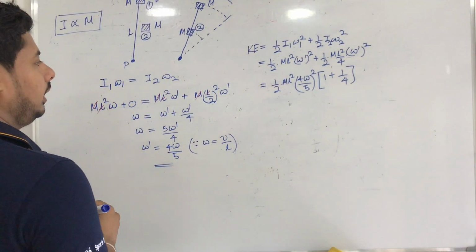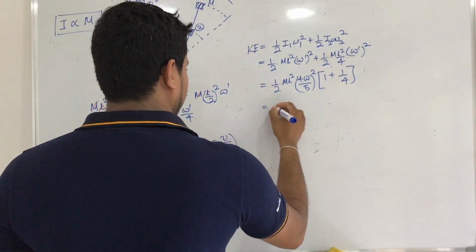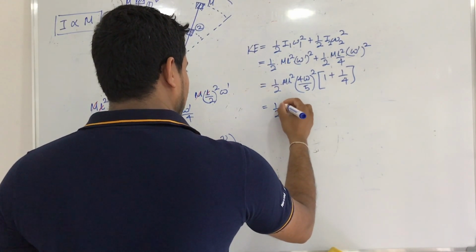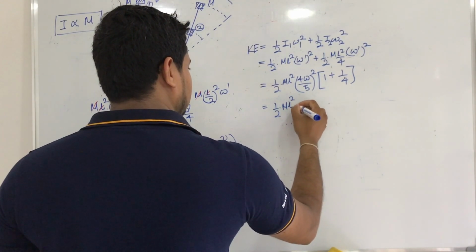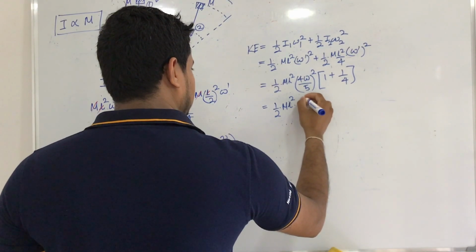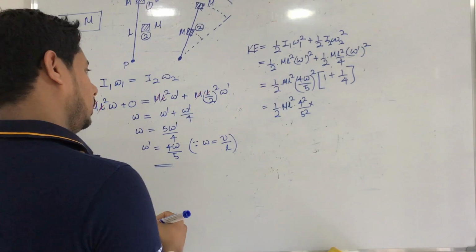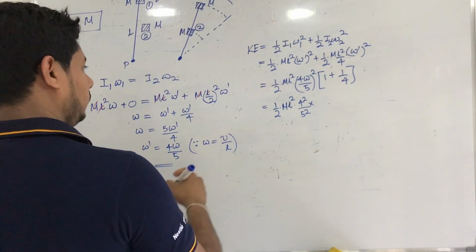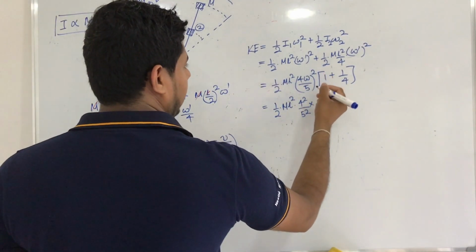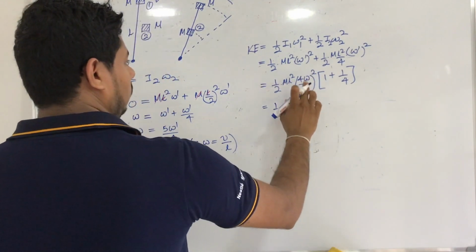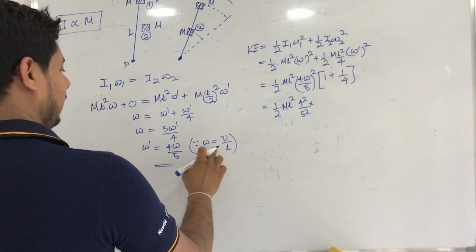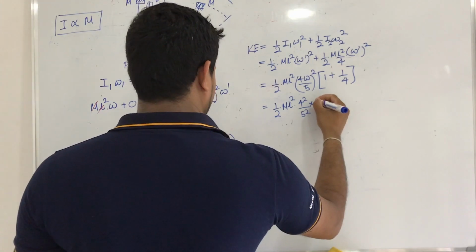Now simplify half m L square times 4 square divided by 5 square times omega square. Omega is equal to V over L, so omega square is V square over L square.